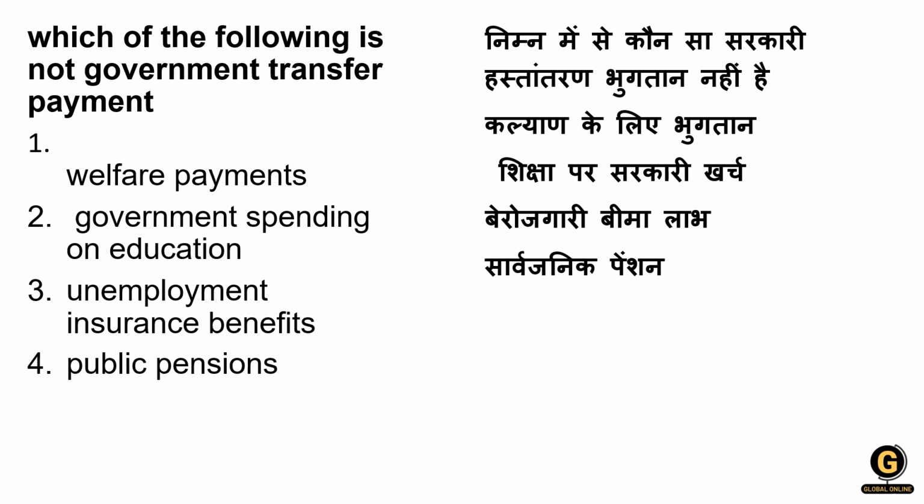The correct answer is option 2, government spending on education. Welfare payments, unemployment insurance benefits and public pensions can be transferred, but government spending on education cannot. That's why the correct answer is the second option.